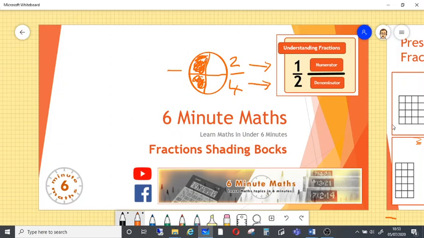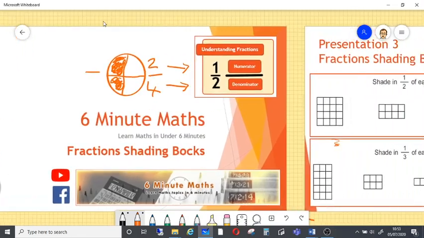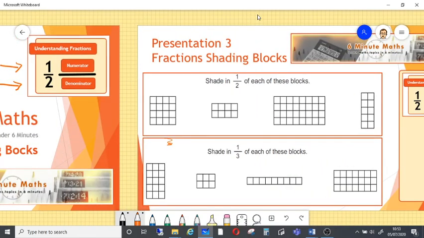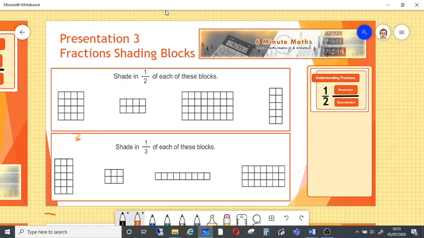Okay, let's move on. Let's have a look at some shading blocks. It's fairly straightforward, just have to remember a formula. The formula is, you take the value, you divide it by the denominator, I just put D, and then times it by the numerator.